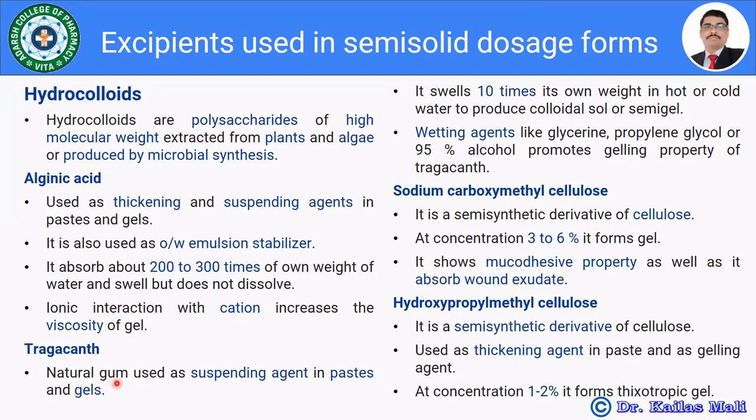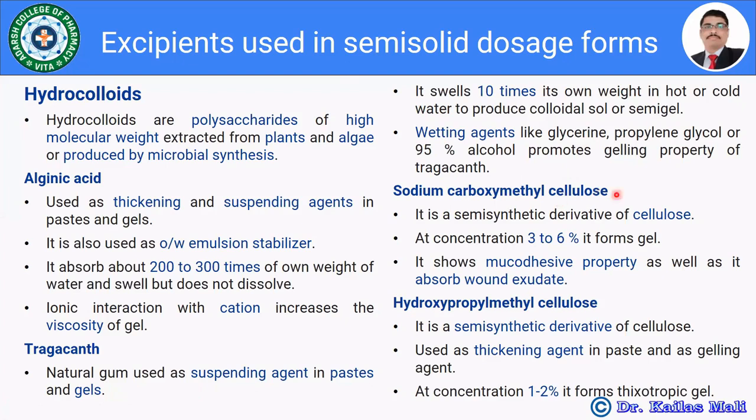Then the tragacanth is a natural gum used as a suspending agent in pastes and gels. It swells 10 times its own weight in hot as well as cold water to produce a colloidal solution or a semi-gel. A wetting agent like glycerin, propylene glycol, or 95% alcohol promotes the gelling property of the tragacanth.